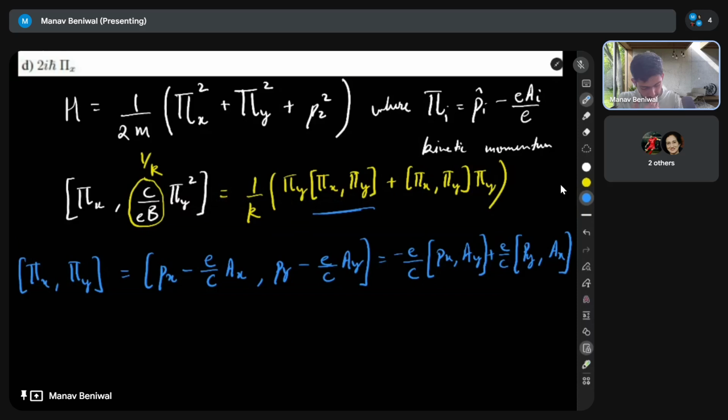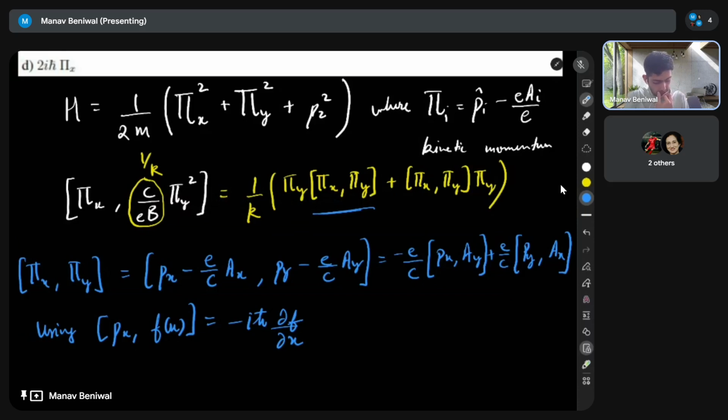So now we use this identity that commutator of px and any function of x is nothing but minus iota h cut del f by del x.